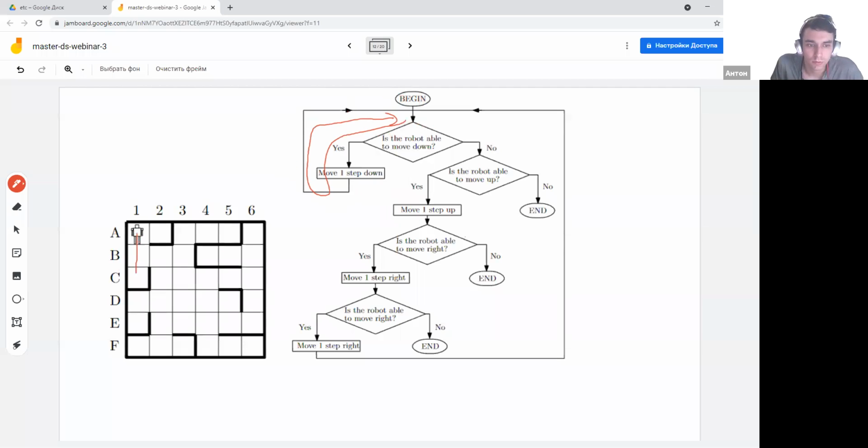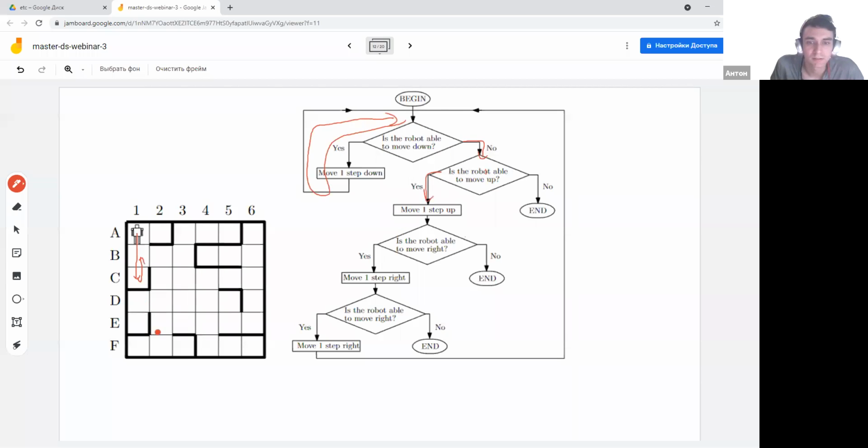So first of all, it moves here. Then when it's not able to move down, we proceed here in the diagram, and we check if the robot is able to move up. And well, it can. Hence we go by this branch.